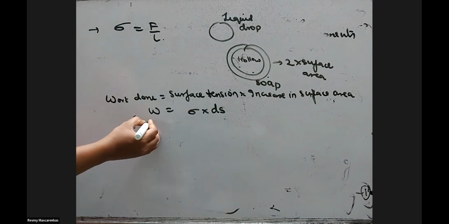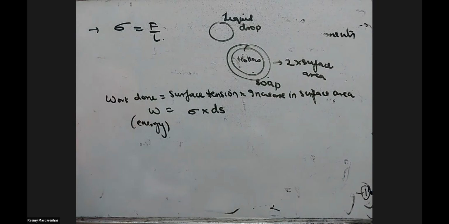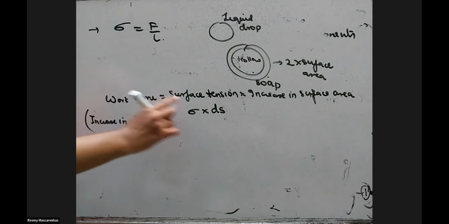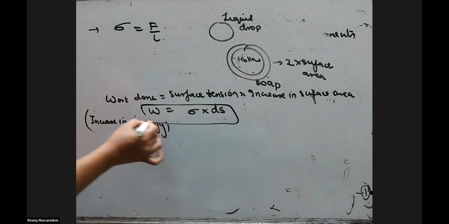It is also used as the word energy. Even if you are asked to calculate energy, you have to use the same formula. They also call it increase in surface energy. Energy, work, same formula you have to use.